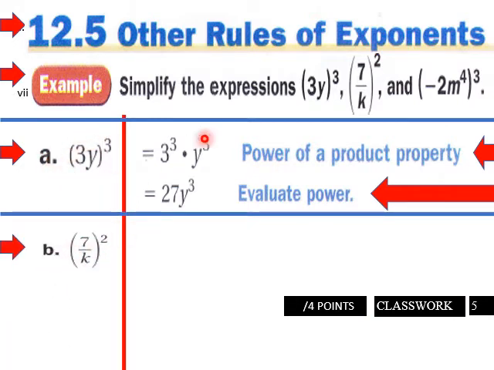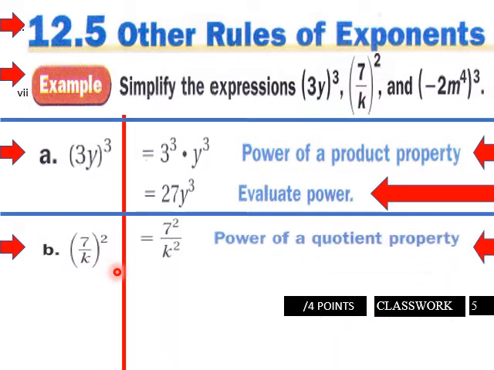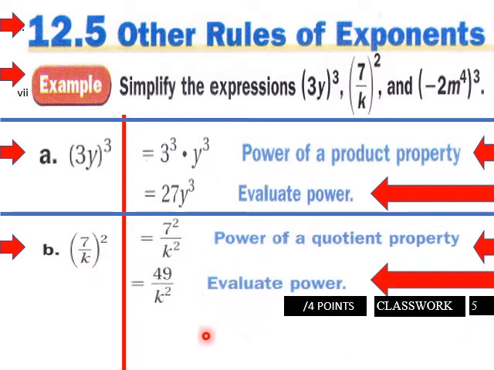And then for b, which would be 7 over k squared, so we got 7 squared over k squared, power of a quotient, we have a quotient here. And then when we simplify that, we have 49 over k squared. That would be this simplification of 7 over k squared.